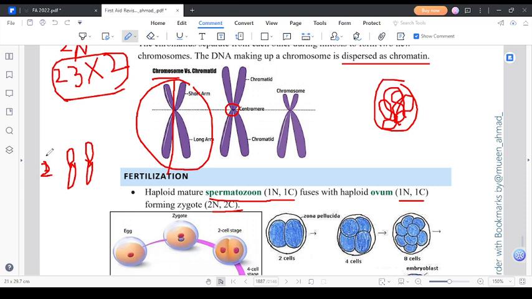Initially, if it is confusing, I will make it chromosome number 1, because 2 is a lot over here. Suppose I am taking a skin cell of my body. In the skin cell, which is a somatic cell, I have 2 copies of chromosome number 1: one is from my father, the paternal chromosome, and one is from my mother, the maternal chromosome. Clear?